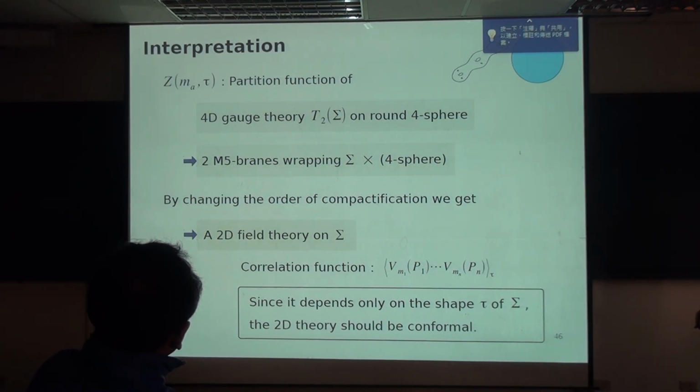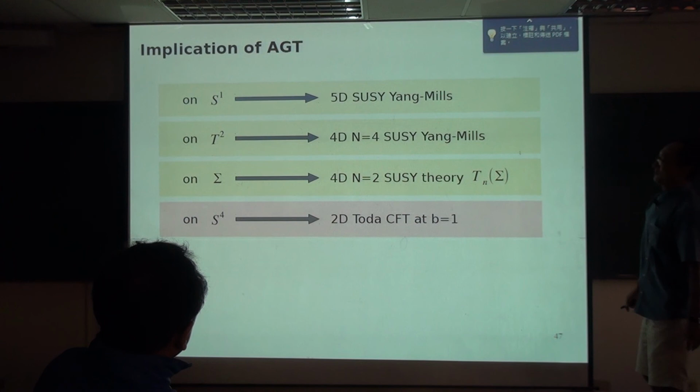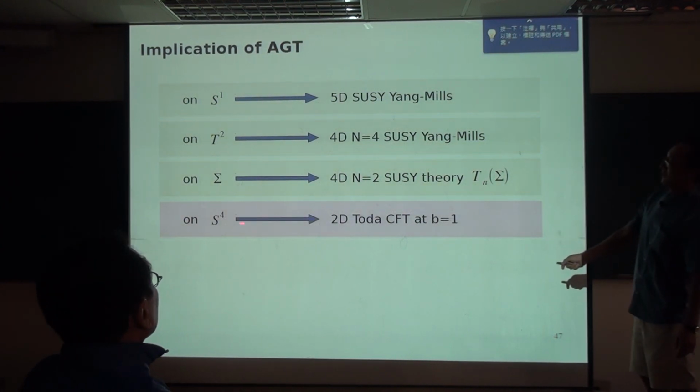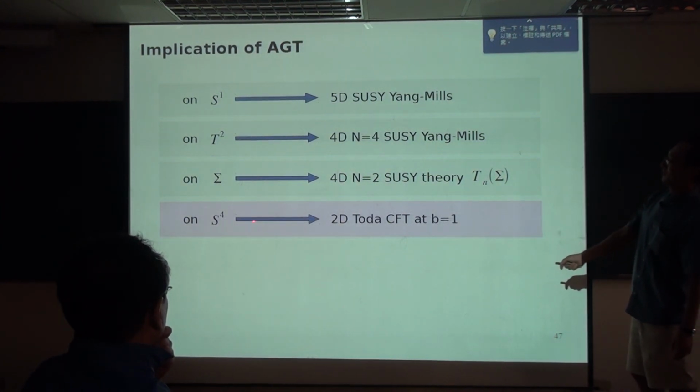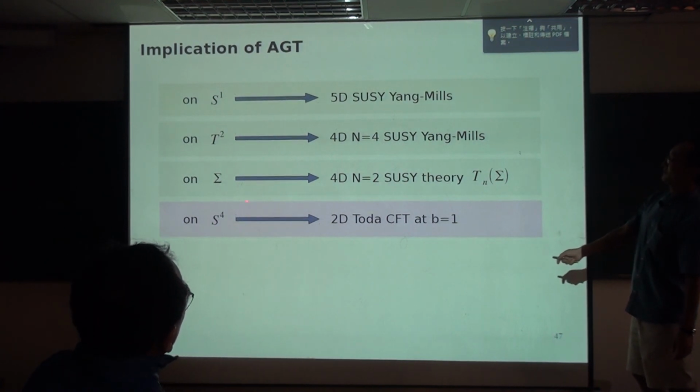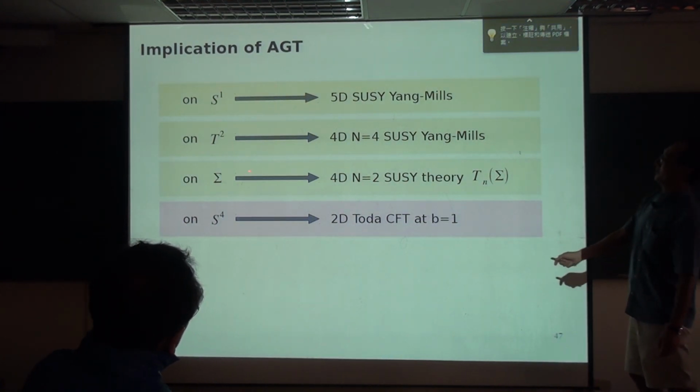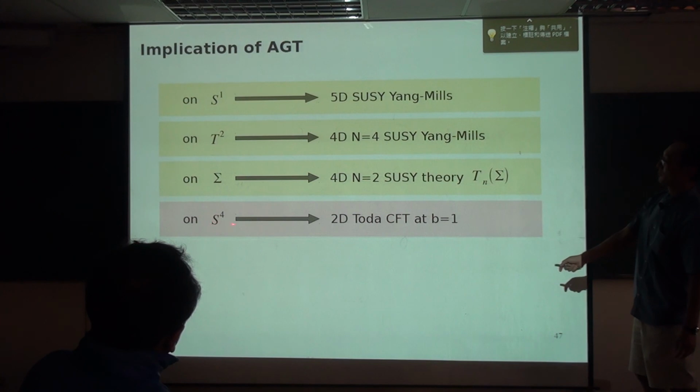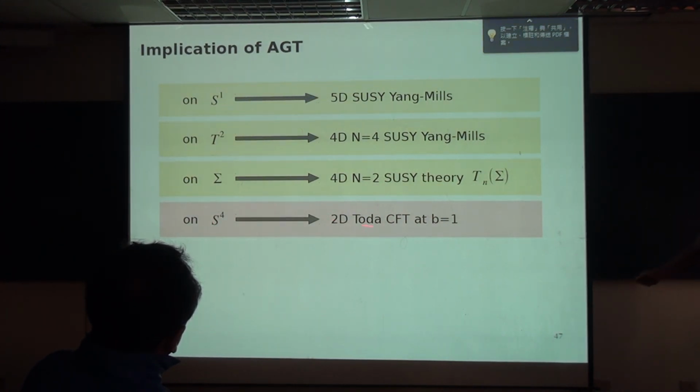But after making a detailed comparison between physical quantities, we found out that this two-dimensional theory is a Liouville theory. So we found another interesting property. When M5 brane theories are compactified on S4, what we get is a two-dimensional CFT, which is a very well-studied CFT.